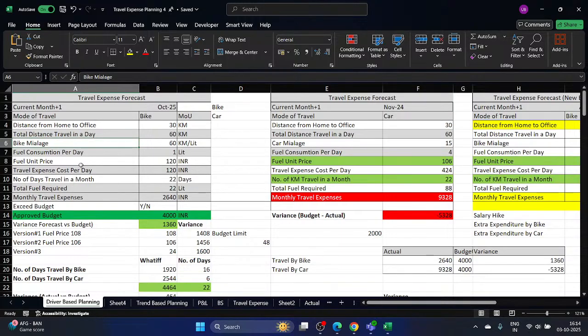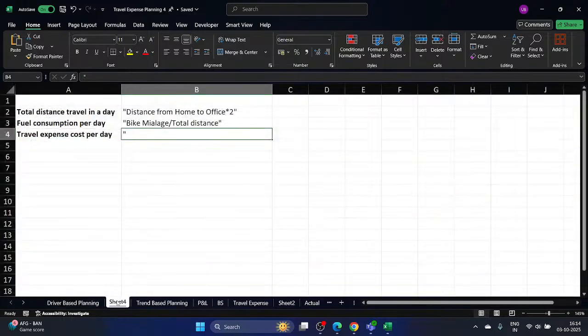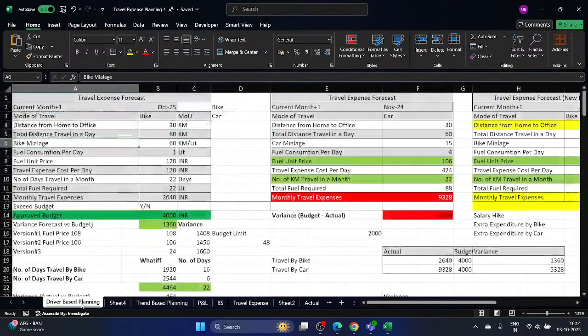Here the travel expense cost of 1 day would be, suppose, fuel consumption per day multiplied by fuel unit price.